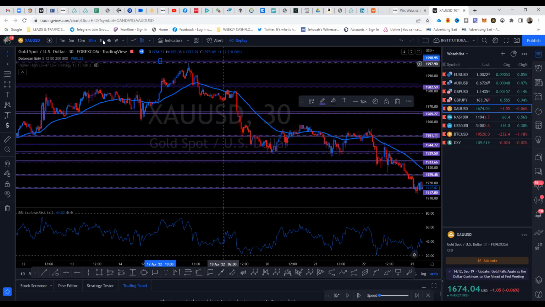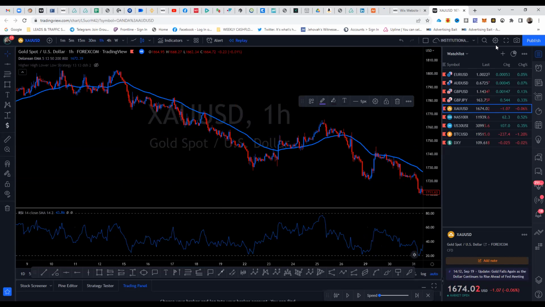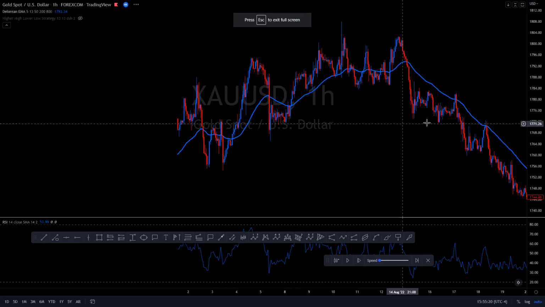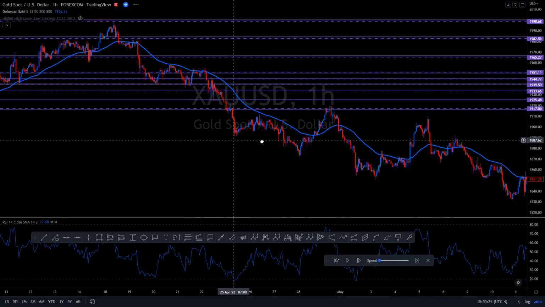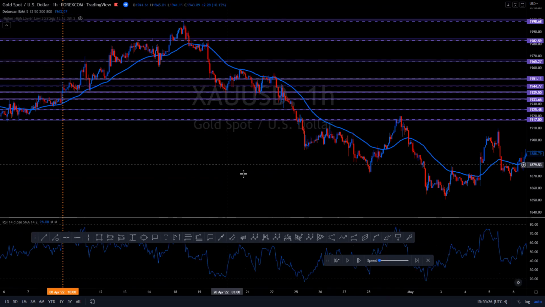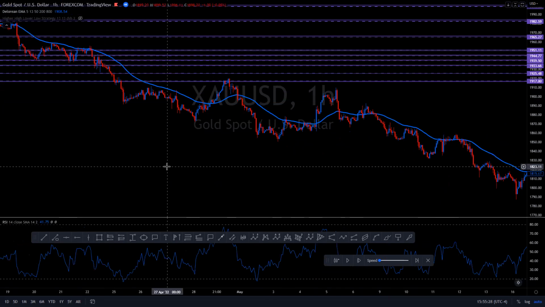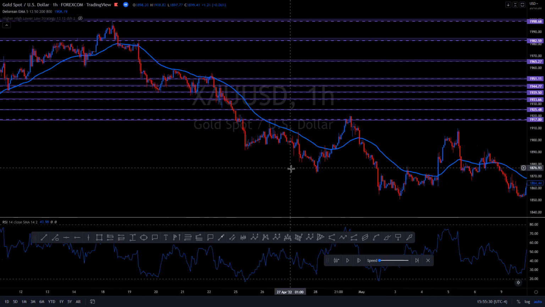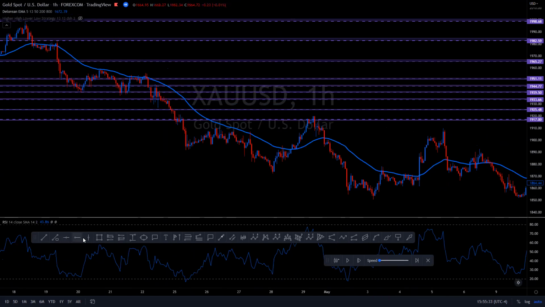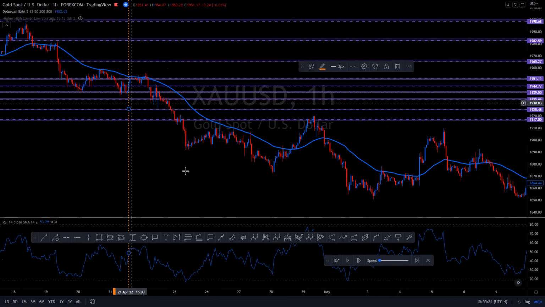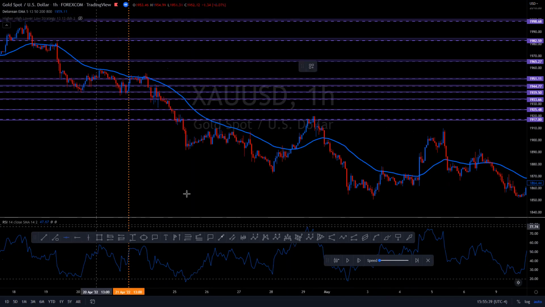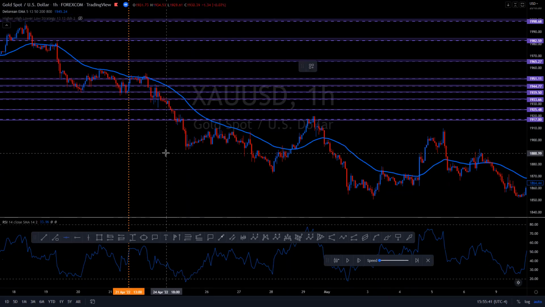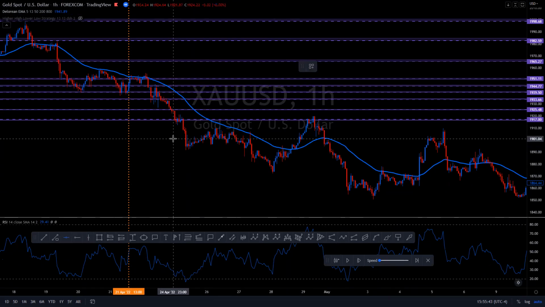Now we're going to move to the 1 hour. So we just marked all that up. Then we see that price respected this zone, and there was another supply here.